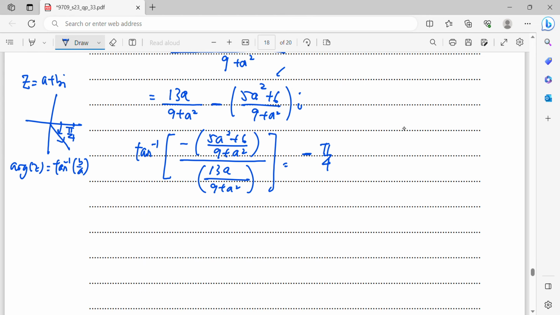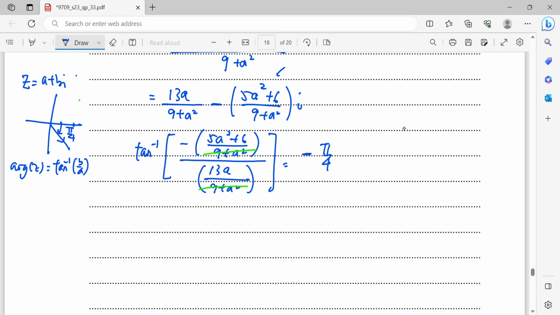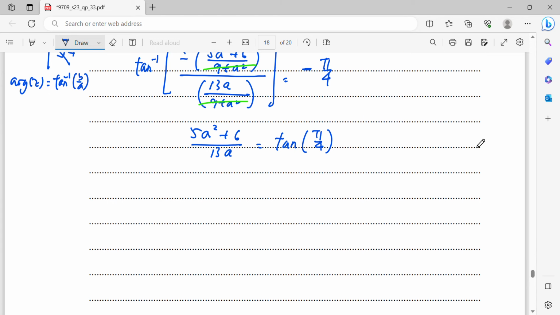So inverse tangent negative is the same as negative inverse tangent. Okay, so from here, the denominators are the same, so I can cancel them off. Which means 5a squared plus 6 over 13a will be tangent pi over 4, because this minus can be taken out, then the minus from both sides will be cancelled off. So tangent pi over 4 is basically 1.